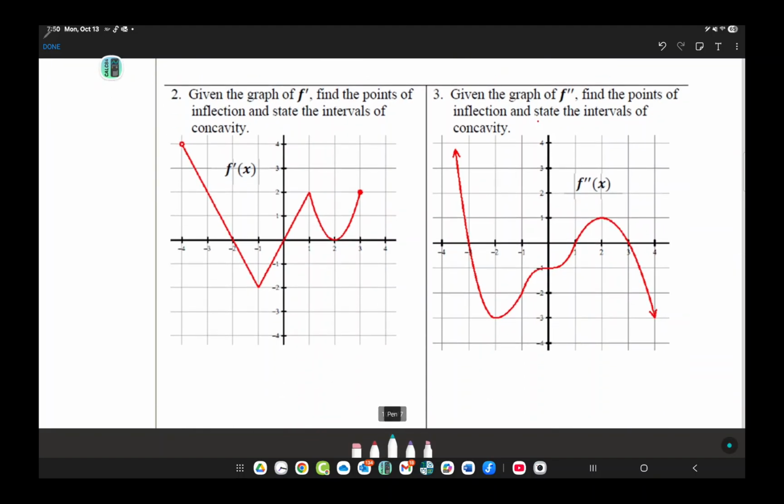This derivative function tells me a couple things. One, this right here, my derivative is positive, so therefore my function is increasing, and then decreasing, means that this is a local max. Now here, because my function is changing from decreasing to increasing, this is a local min.